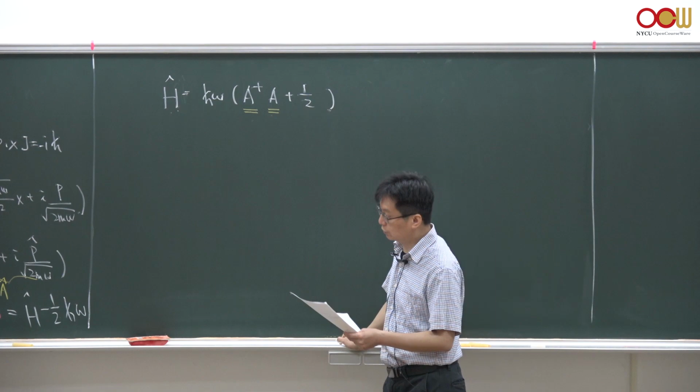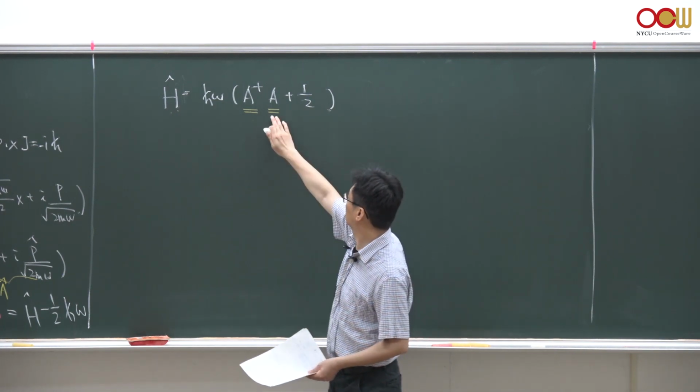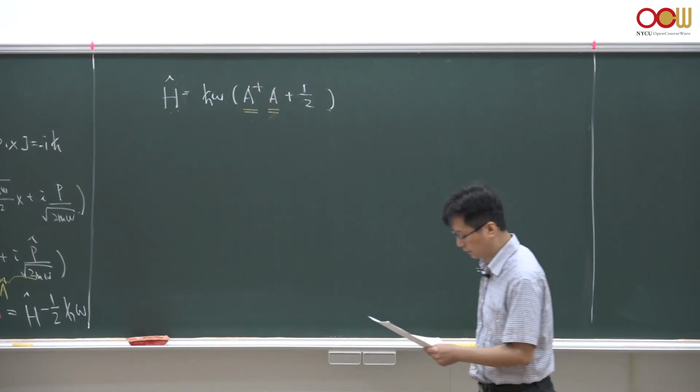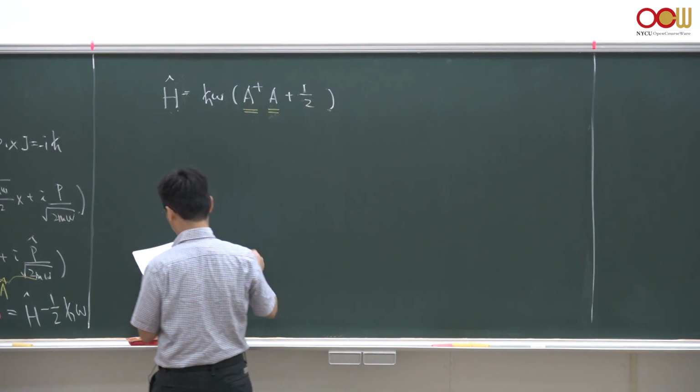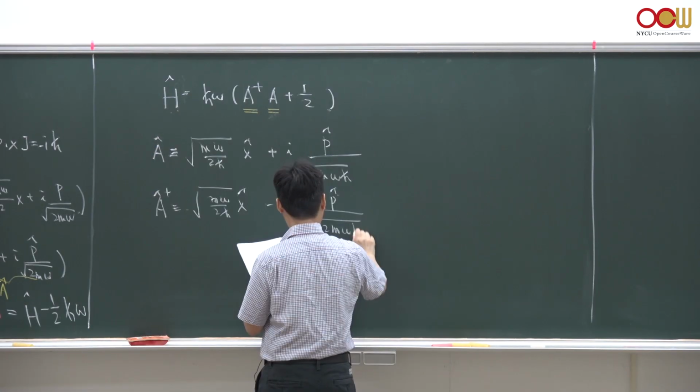Then you could construct the eigenstates and eigenfunctions based on these properties of A and A dagger. So this is the power of the operator method. It's really simple. So let me just define this A one more time.